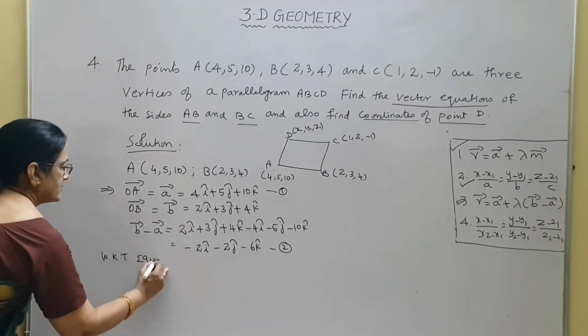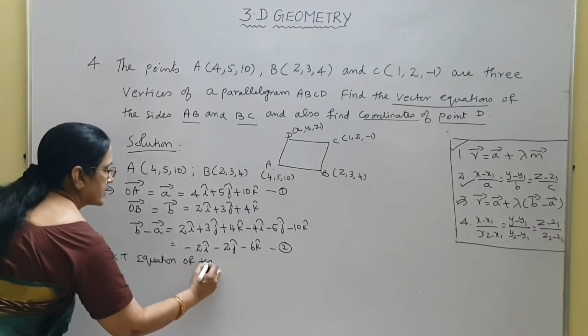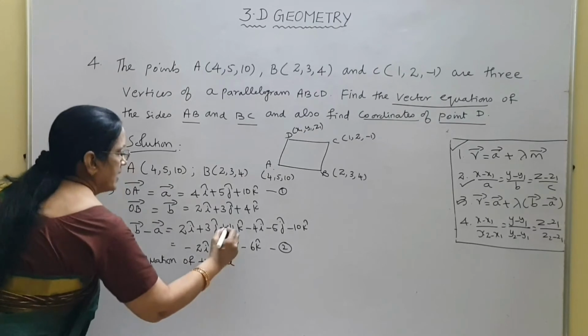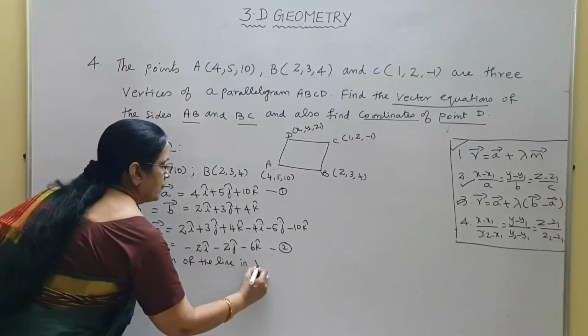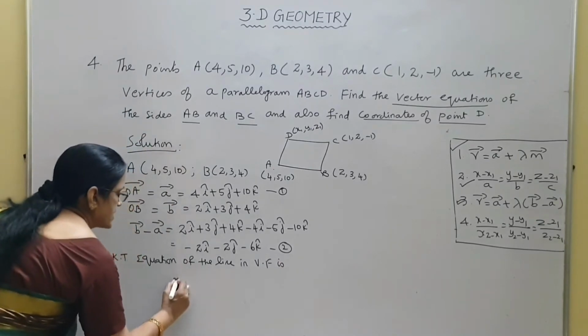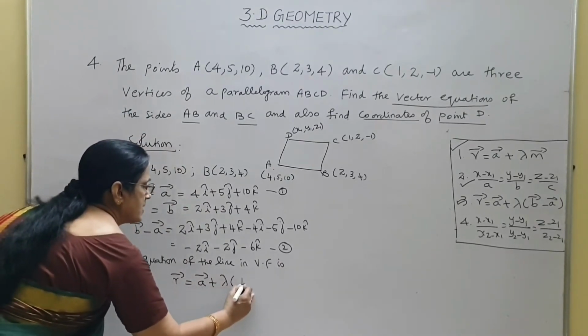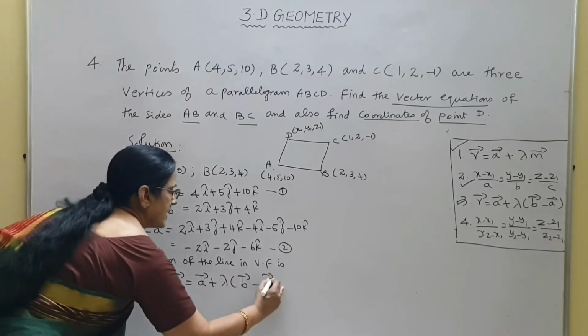Okay, now we know that the equation of the line in vector form is r vector is equal to a vector plus lambda times (b vector minus a vector).